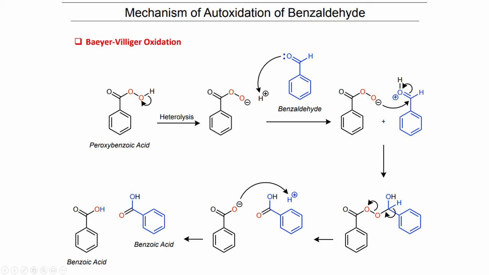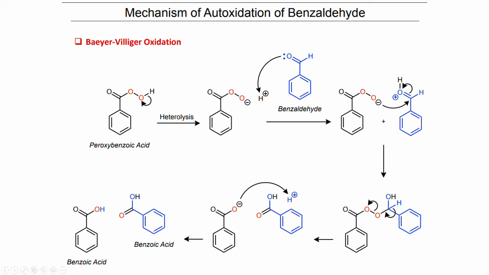Another benzaldehyde molecule can come, where the oxygen can react with that proton. This causes the oxygen on benzaldehyde to have a positive charge, making this a carbocation. So our negatively charged oxygen on our peroxybenzoic acid can attack the carbocation, breaking this double bond and forming this transition state.